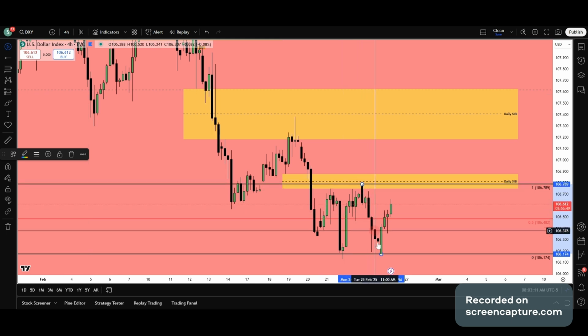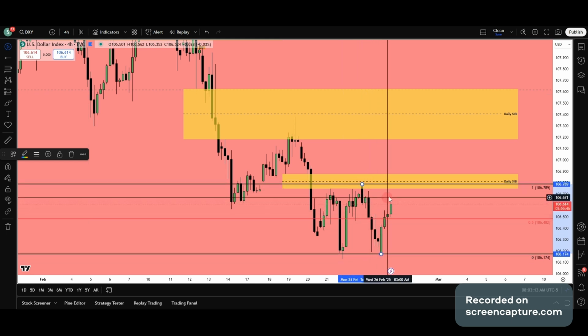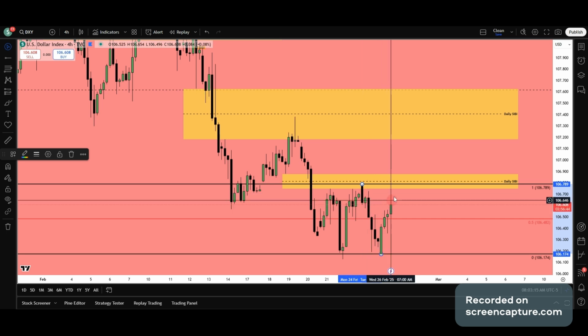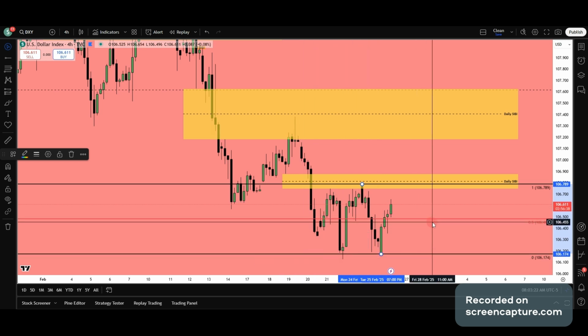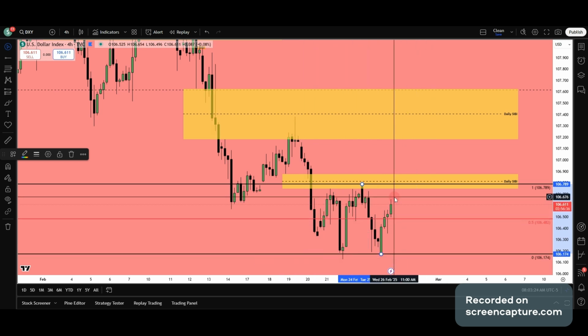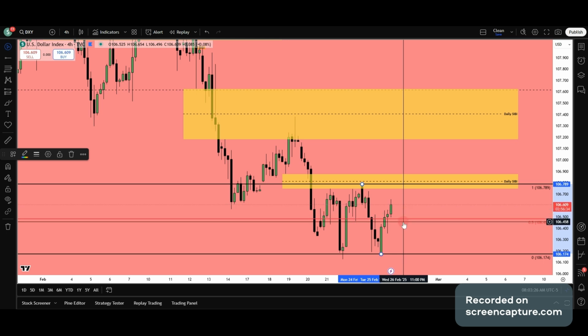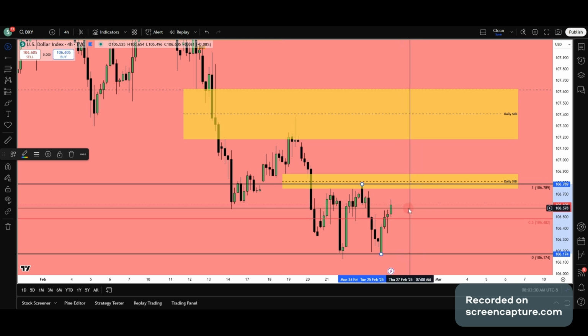So from this high to this low, premium is anything above 50%, and we're in a deep premium now. So I'm expecting for price to tip its hand bearish by displacing on a lower time frame.